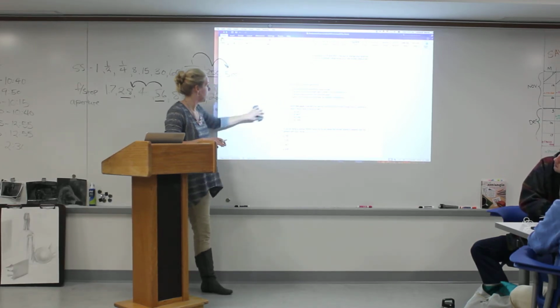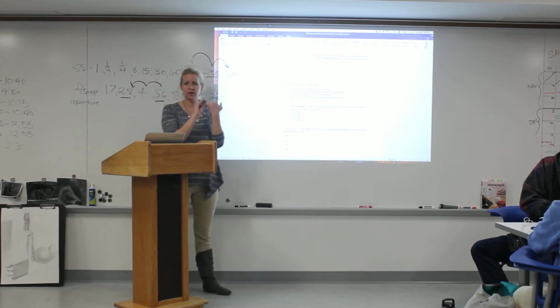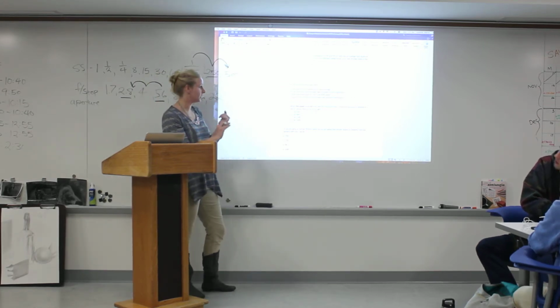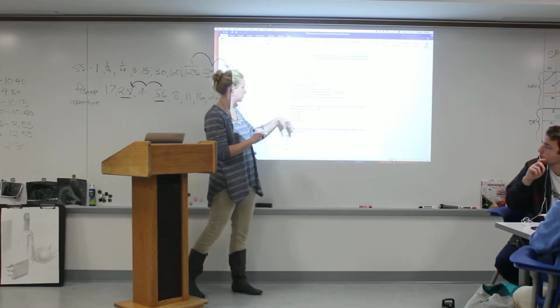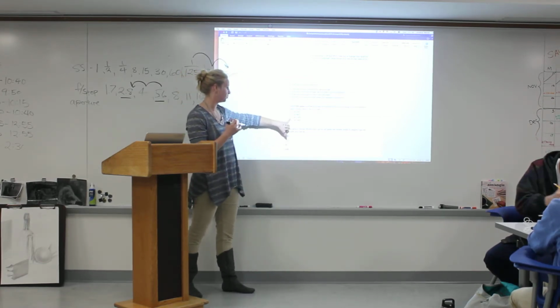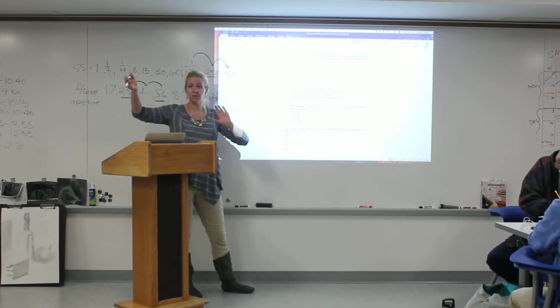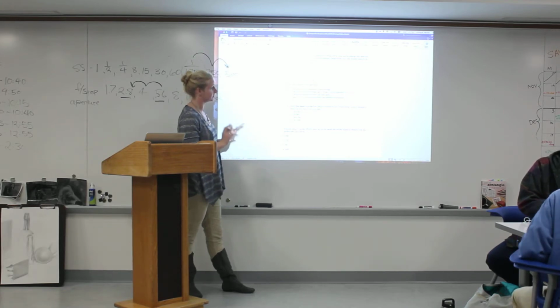Okay? Here's a film speed question. Film speed could be anywhere from like ISO 25 to ISO 100, ISO 400, 800, 1200, 1600, 3200, 6400. The larger the number, the more sensitive your film is to light.